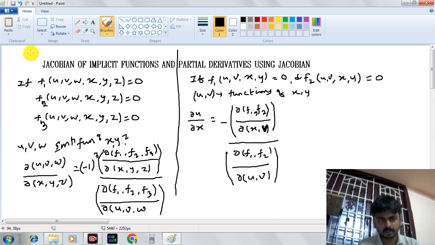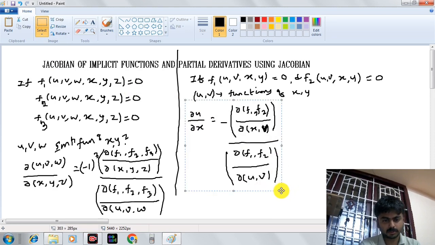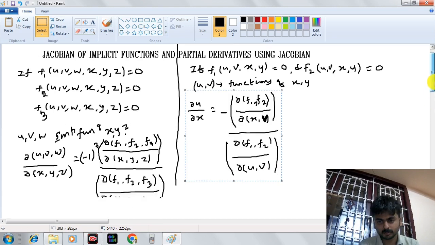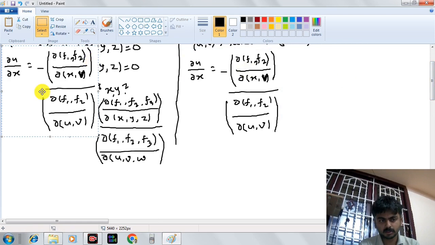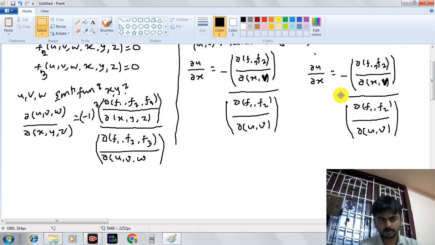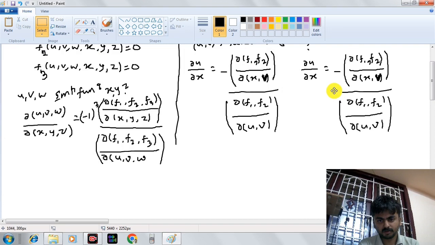Okay, the next formula. So I shall copy this formula, Control plus C, and I shall paste the formula here. So here, if I want to differentiate u with respect to y, what will happen?